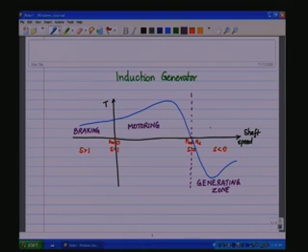So if we take that this is the operating point for the motoring, let us say this is the operating point that we would like to choose on this portion of the curve, and for the generator we would like to choose this portion.